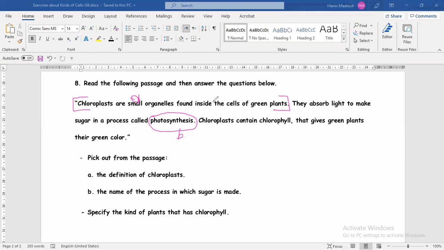They absorb light to make sugar in a process called photosynthesis. Chloroplasts contain chlorophyll that gives green plants their green color. So specify the kind of plants. Which plants have chlorophyll? They are the green plants.